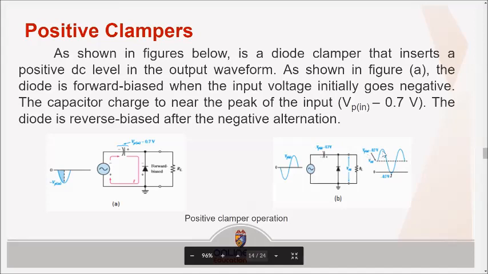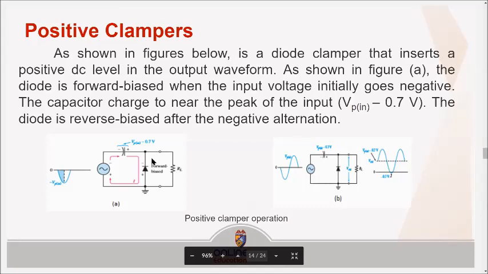For example, dito sa letter B, nagkameron siya ng additional na DC level sa output waveform. Kumbaga kung sinusoidal, meron lang siyang pag-ganon, then nagkameron siya ng isa pang BP, or that is equivalent to 0.7 volts.